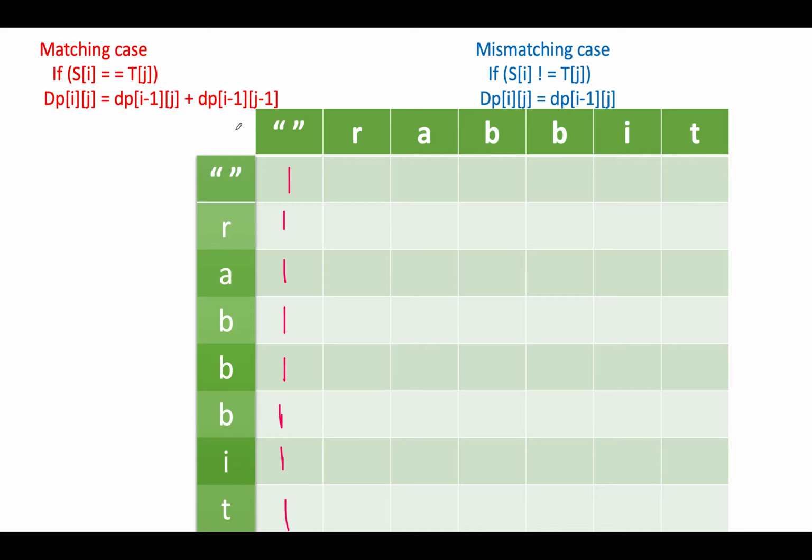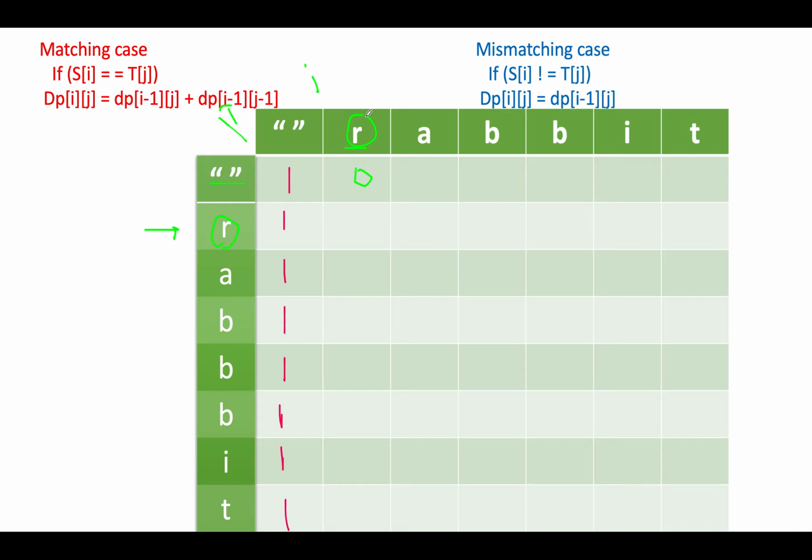Here the string s is empty and the string t, which is signified by the jth character, has the character r. So there is no way you can generate r out of an empty string, so the answer gets updated to 0. Let's walk through the next case. Here we see that the string s has a character r is equal to r.